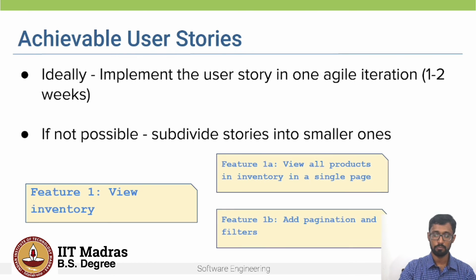Hence, we can divide it into 2 or 3 features, where feature 1A is we implement viewing all products in the inventory on a single page. And then we add pagination, and maybe filters can be the next feature. In this way, we make sure that one user story is completed in one agile iteration.